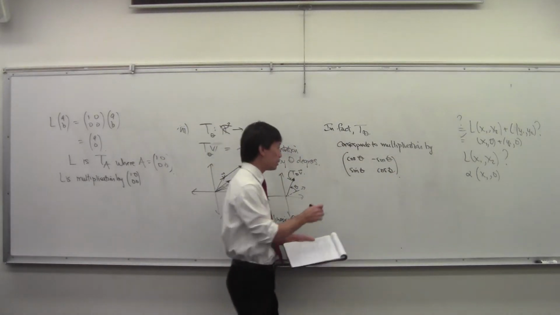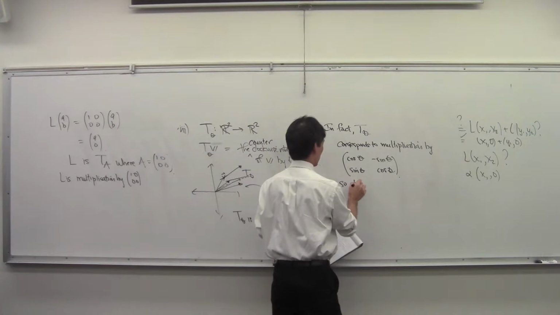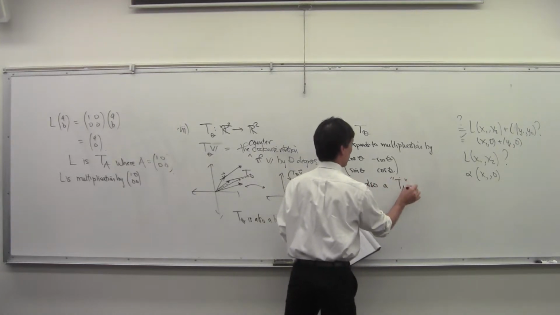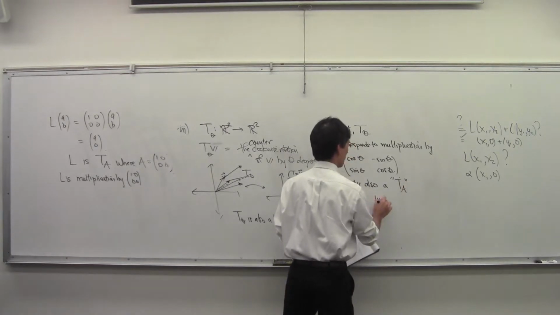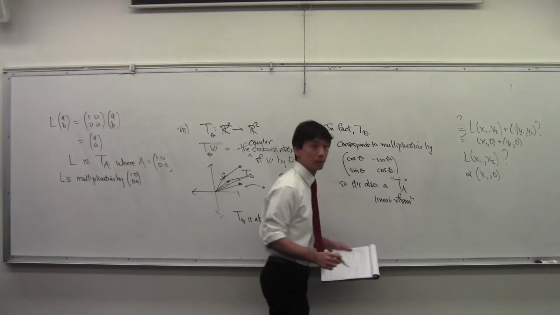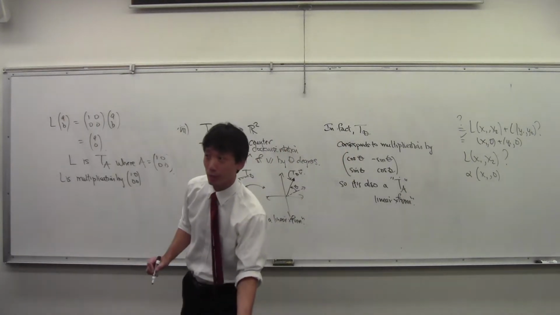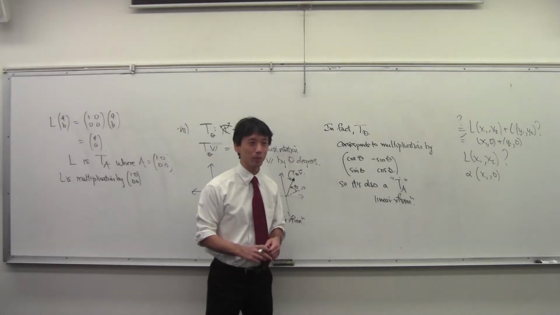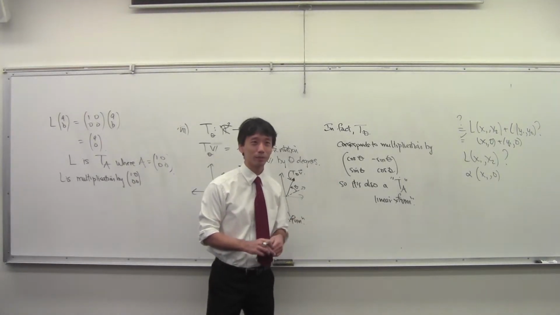So it's also a T sub A linear transformation. This thing also turns out to be the first type of linear transformation. It's also multiplication by a matrix.